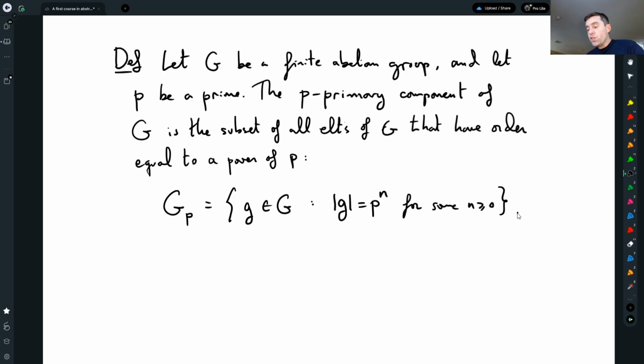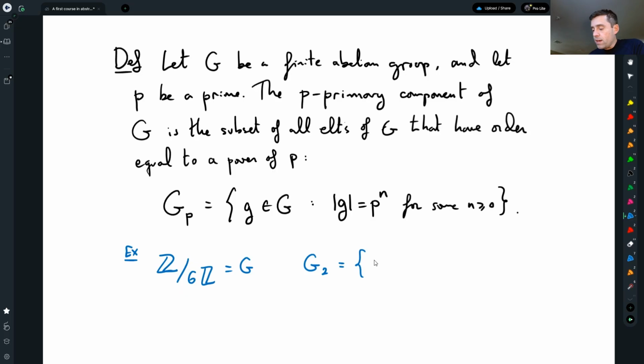And the first thing we're going to do is, let me give you an example of this. For example, if I have Z modulo 6, then there are elements of order 1, 2, and 3 here. If this is G, then the 2 primary component would be elements whose order is a power of 2.